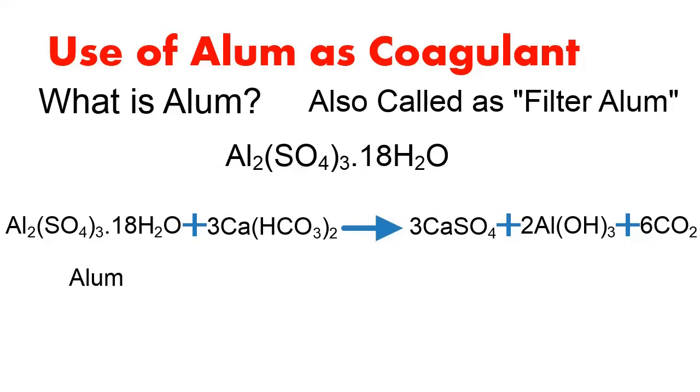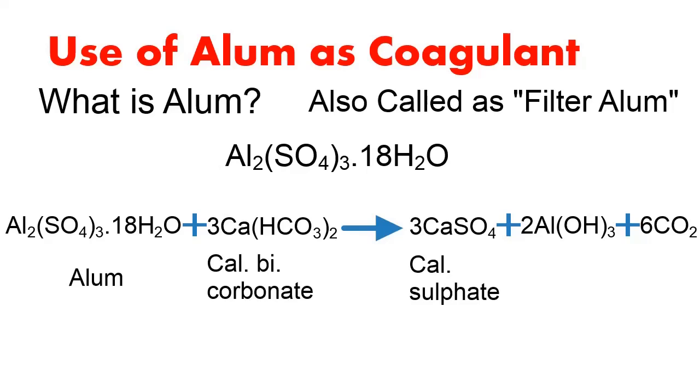Alum is mixed with 3 calcium bicarbonate and produces 3 calcium sulfate and 2 aluminum hydroxide precipitate and 6 carbon dioxide, which evaporates. This is a balanced equation. You need to mug up this one. There is no alternative. You need to mug up that one.